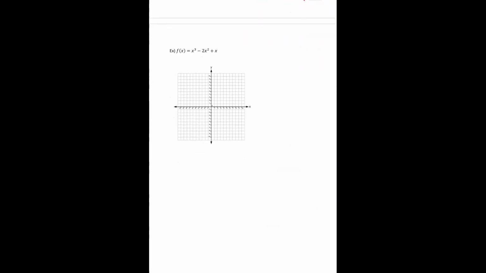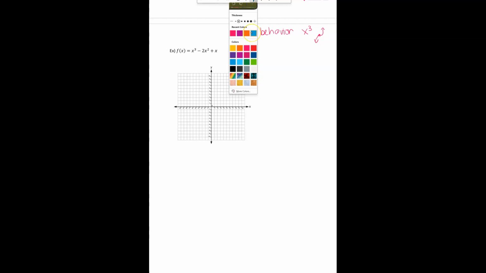We have another one. Okay, so let's do end behavior first. So end behavior again, x cubed, right? Same thing, down on this side, up on this side, maybe wonky in the middle. So let's factor out our greatest common factor. What would y'all say that is?